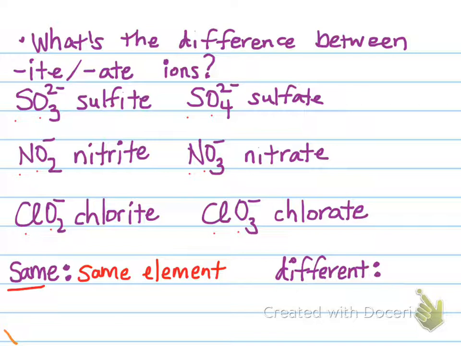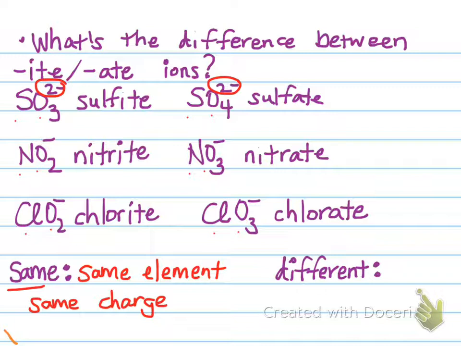Also notice the charges stay the same. Nitrite, charge of -1. Nitrate, charge of -1. Chlorite, charge of -1. Chlorate, charge of -1. Okay? So the -ite and the -ate always have the same elements.